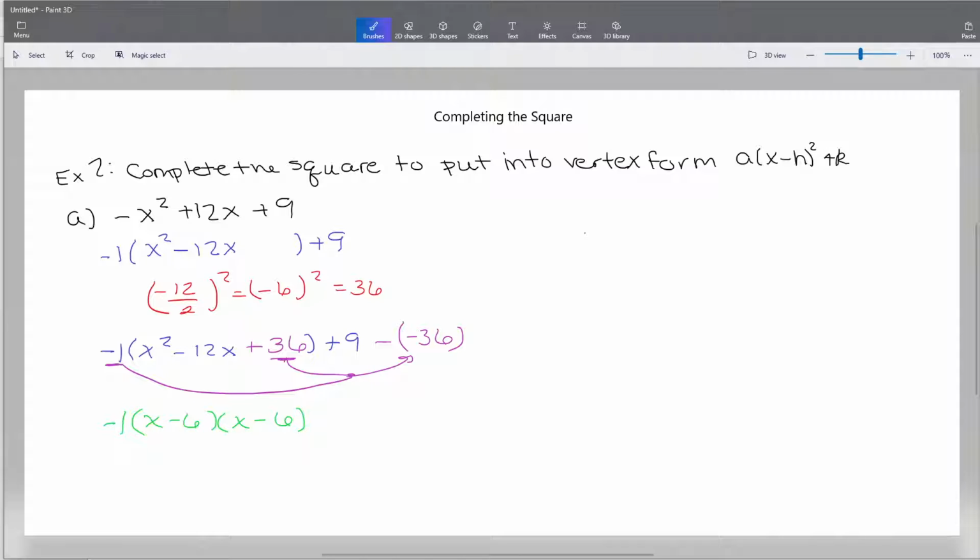So I have 9 plus 36, or positive 45. So the last thing we're going to do is rewrite this with a square, x minus 6 squared, plus 45.